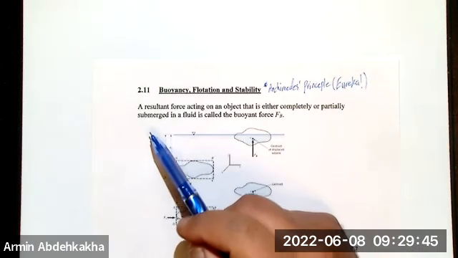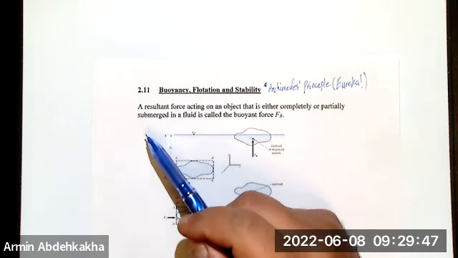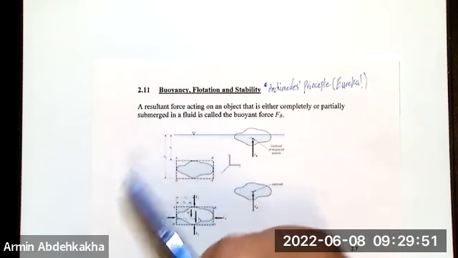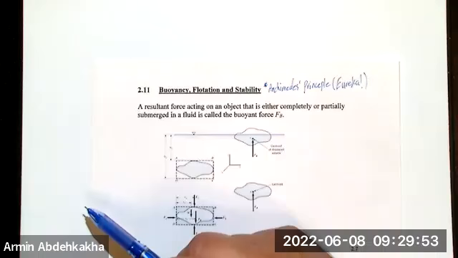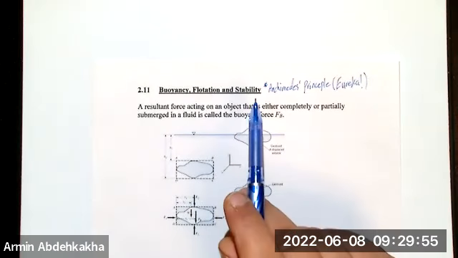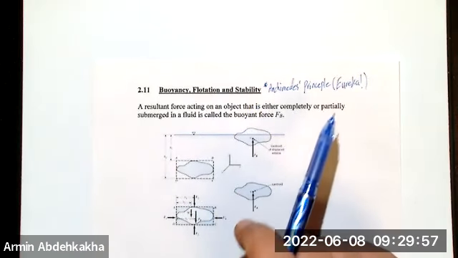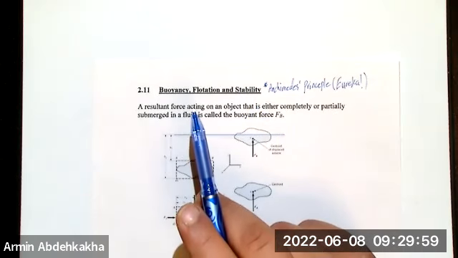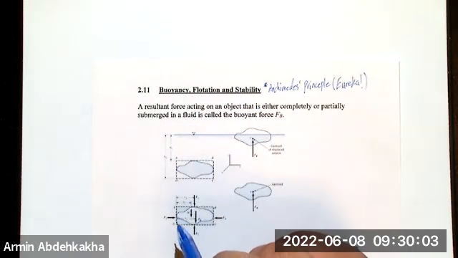What was the finding of Archimedes? That a resultant force acting on an object that is either completely or partially submerged in a fluid is called buoyant force, or FB. Okay.